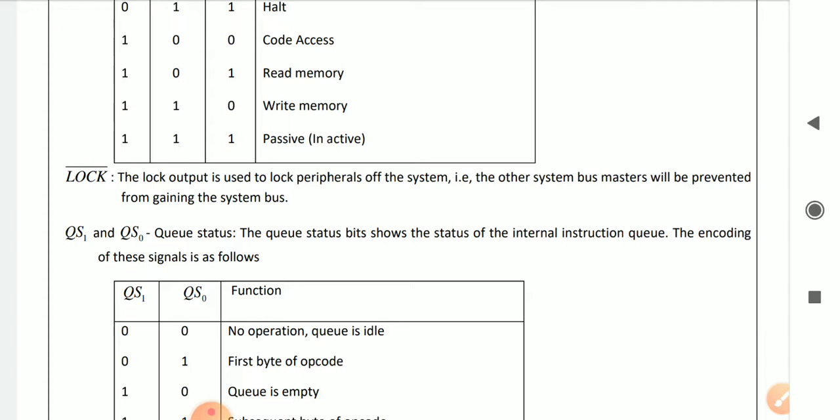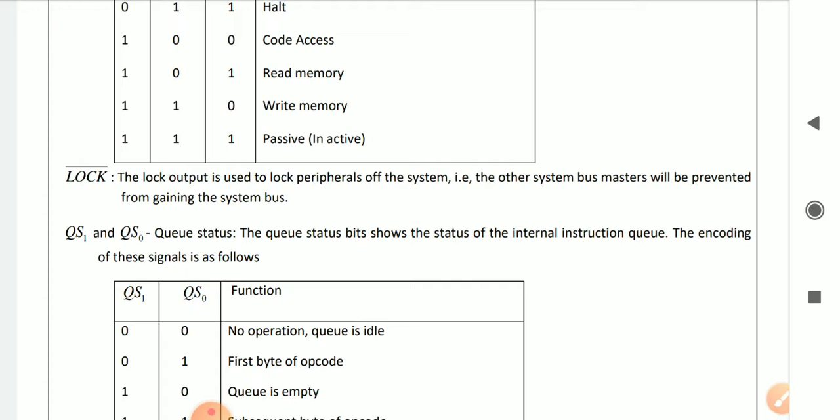So there are more pins, that is the queue status, QS1, QS0. These pins are used for the pipelining concept. If you are placing instructions in the queue, how many instructions can you place in the 8086 microprocessor? There are 6.